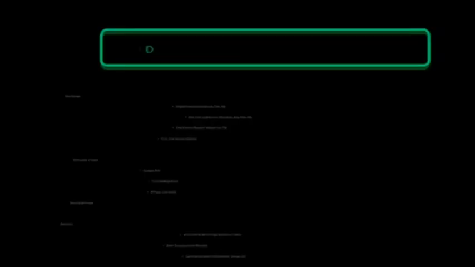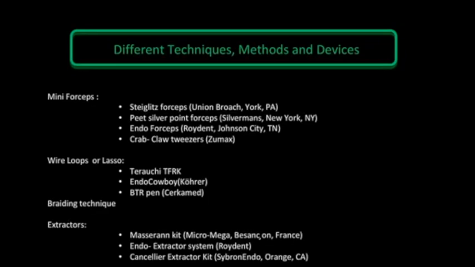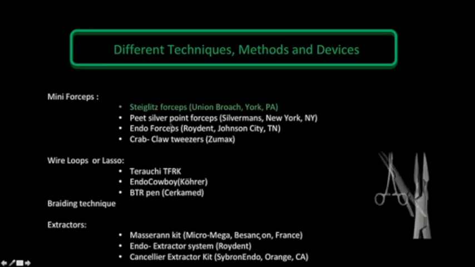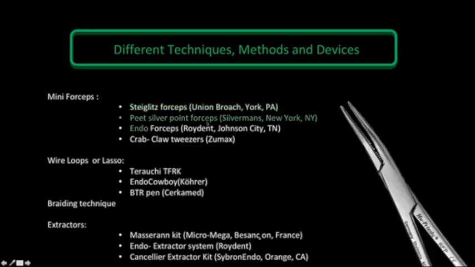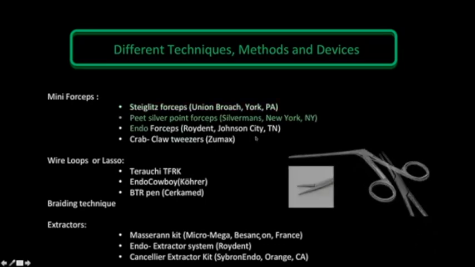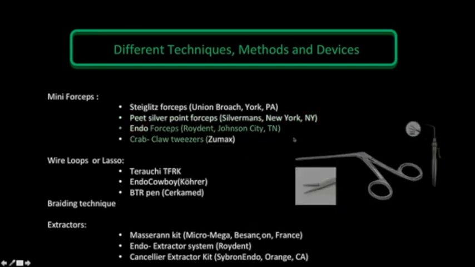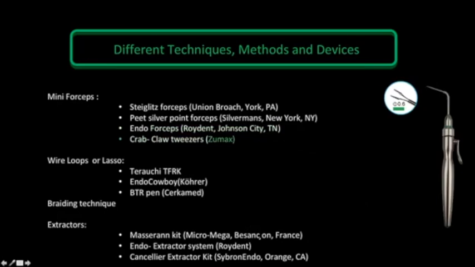This is why we are going to take a quick overview of different devices and tools used to remove these broken files. We are going to start with the mini forceps. The famous one is the Stiglitz forceps. Then we have the Pete Silver Point forceps and the Endo forceps from Roydent, and the grab claw tweezers from Zumak.